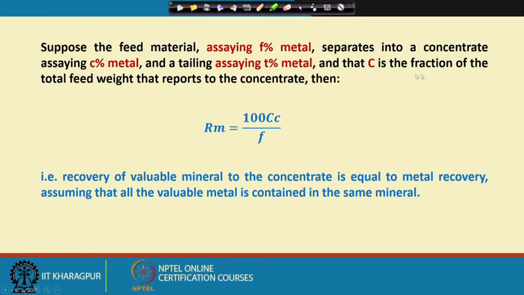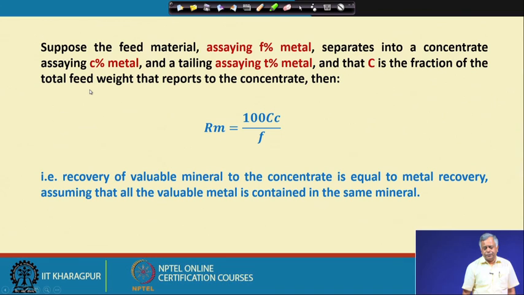So these are the qualities we are talking about, but how much amount has gone where? If capital C is the fraction of the total feed weight, that is, if I have 100 tons of material in the feed, suppose I have got 20 tons in the concentrate. So that fraction is 0.2, that reports to the concentrate.